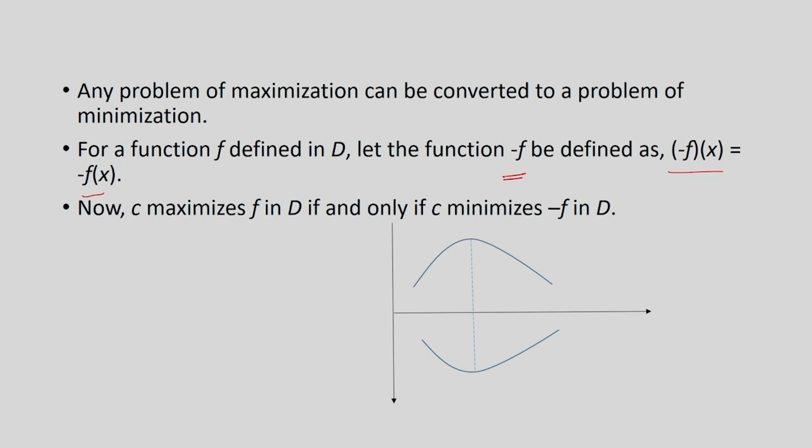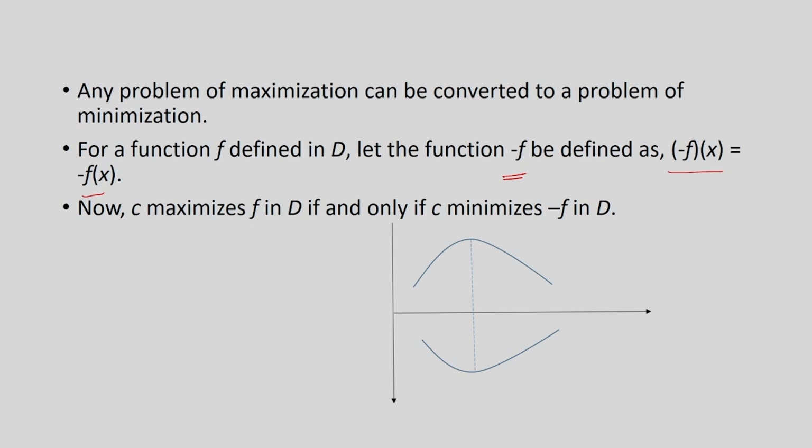So, this particular function minus f is defined in such a manner that it is taking the value of the function f(x) and we are just putting a minus sign before that. Now, if this is how the function is defined, c maximizes f in D if and only if c minimizes minus f in D. So, this is how we are going to establish the relationship between maximization and minimization.